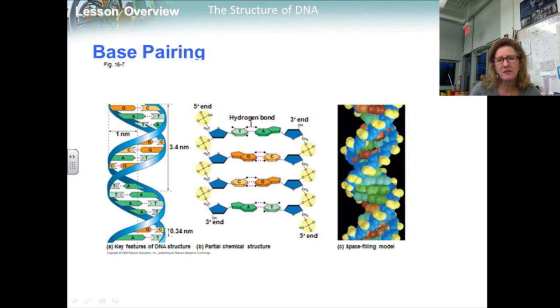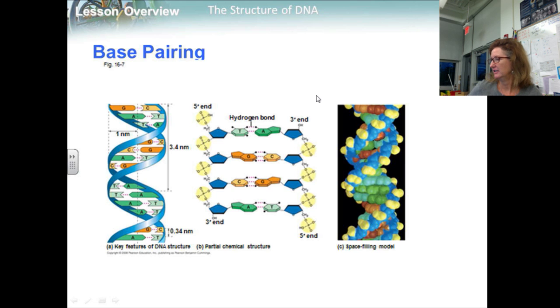This nearly perfect fit between AT and GC nucleotides is known as base pairing and is illustrated in the figure. Watson and Crick realized that base pairing explained Chargaff's rule, and it gave a reason why A equals T and G equals C. For every adenine in a double-stranded DNA molecule, there had to be exactly one thymine, and for every cytosine, there was one guanine.